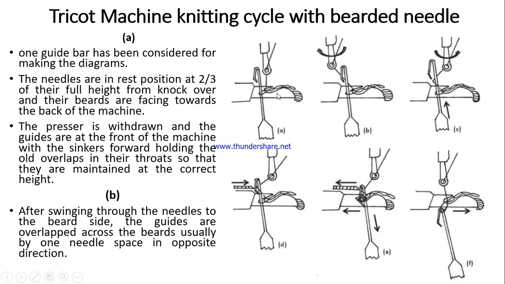This is the sinker, in its forwardmost position, holding the old loop. Holding the old loop is required when the needle has some upward movement, and it also maintains the correct height of the loop formation and knitting.